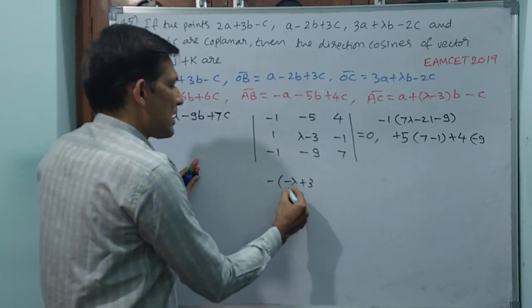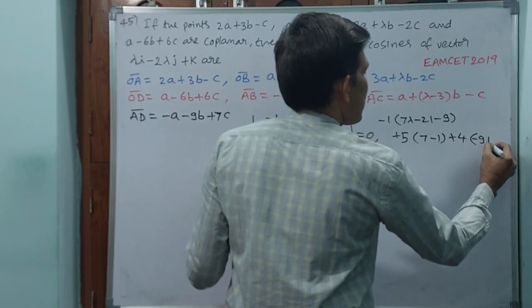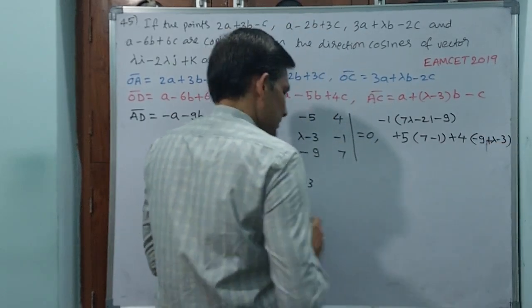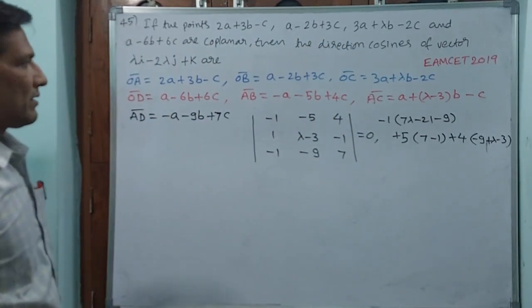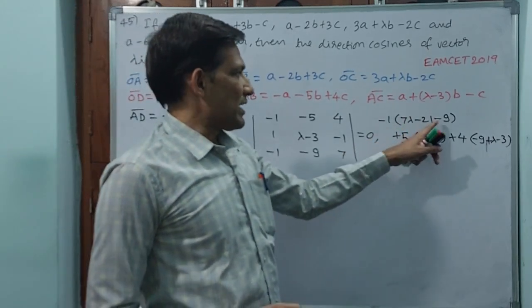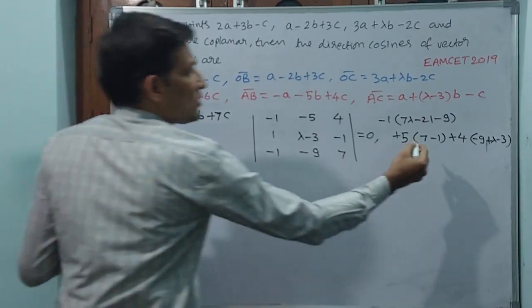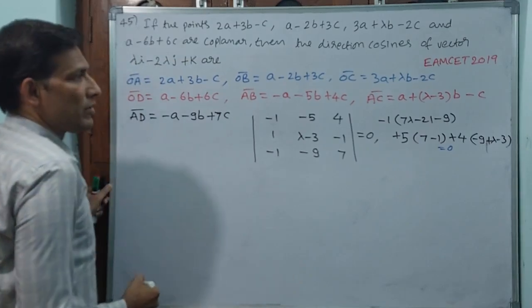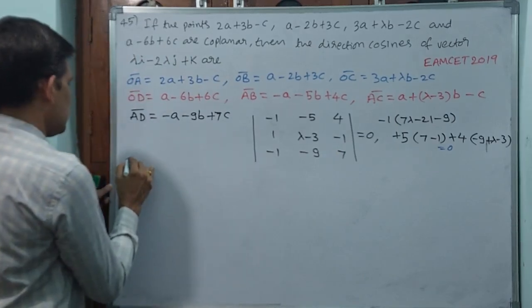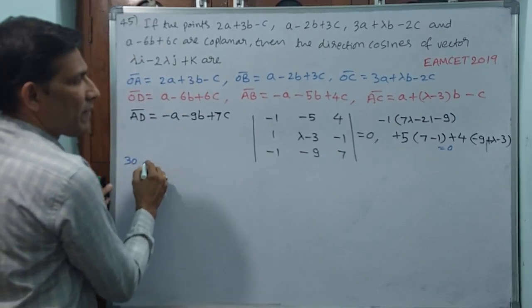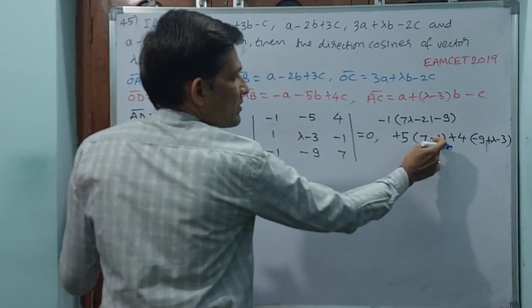But this is going to become lambda minus 3. Write down: plus lambda minus 3. Okay, proceed further. Now minus 21 minus 30, this is equal to 0. Don't forget. Minus 30 means plus 30. Plus 30 minus 7 lambda. Then 7 minus 1 is 6.